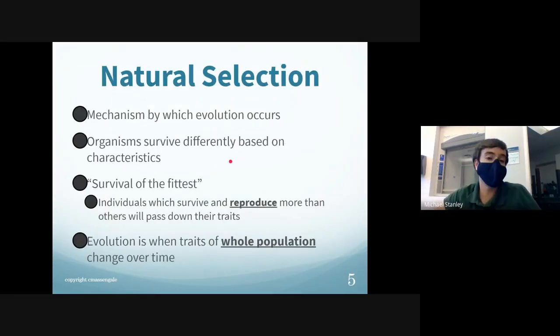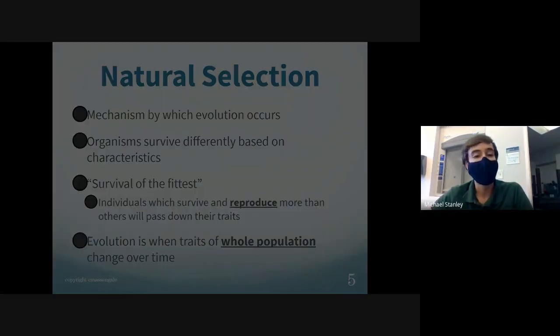The idea is that organisms aren't all going to survive the same, and only the organisms with the best traits in order to survive and reproduce are going to have lots of babies and pass down their traits to the next generation. So eventually, over millions of years, you could have a population change in its traits and in its characteristics based on whichever ones work the best in the environment in which they're living.